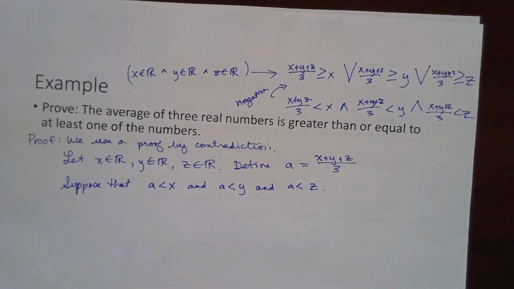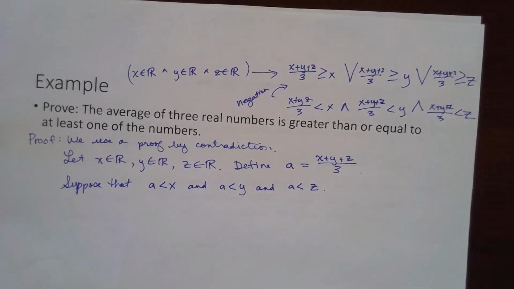and the average of those three numbers is less than Z. All right, so let's think about what that would mean. Let's go ahead and add these up.